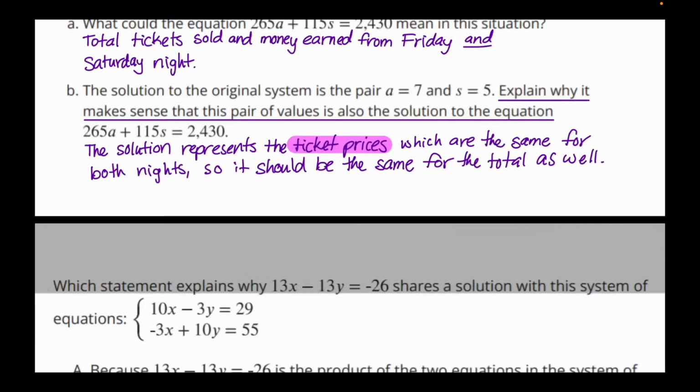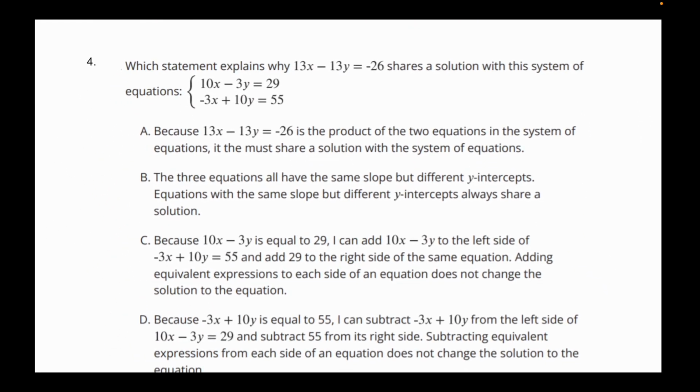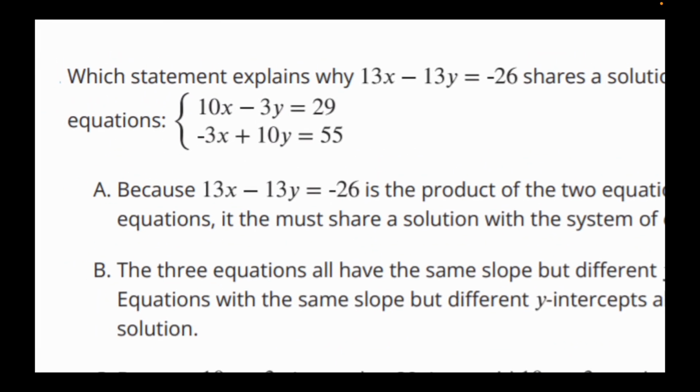So, next page here says, which statement explains why 13x minus 13y equals negative 26 shares a solution with this system of equations? Well, I can see right away that this is not being added. If it was being added, we would have something different here.